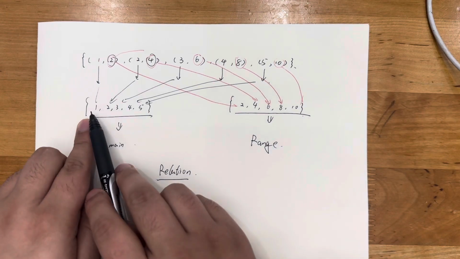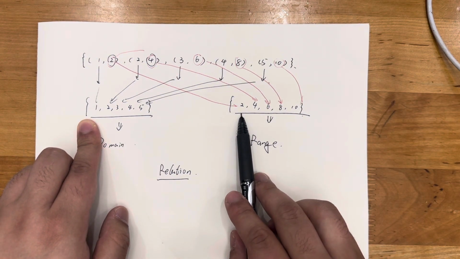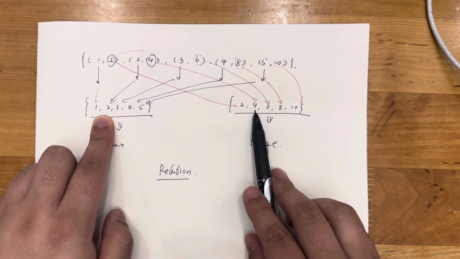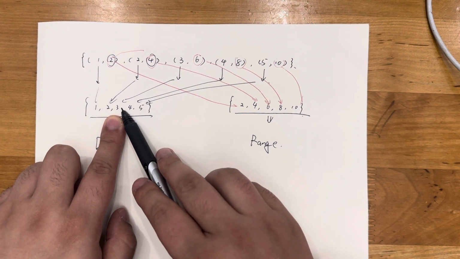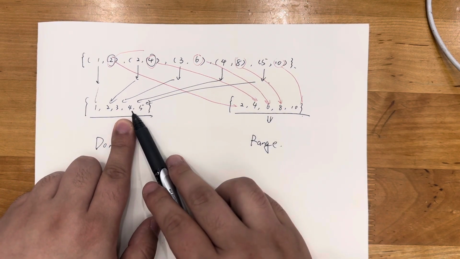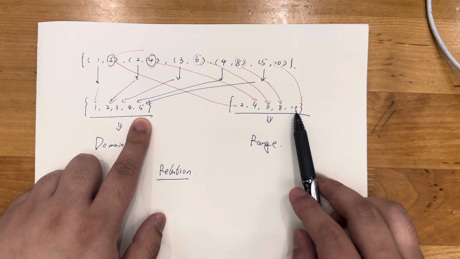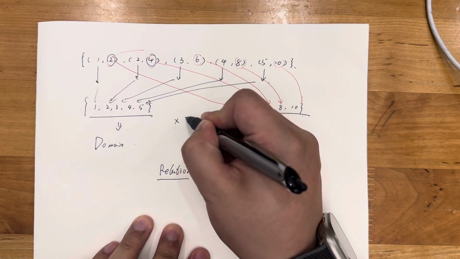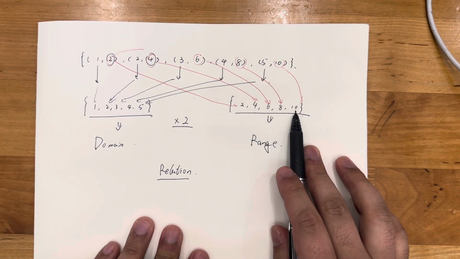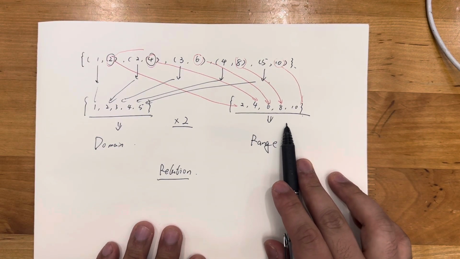Really simple. 1 multiplied by 2 equals 2. 2 multiplied by 2 equals 4. 3 multiplied by 2 equals 6. 4 multiplied by 2 equals 8. And 5 multiplied by 2 equals 10. So basically, there is a multiplication. Multiply by 2, we get the second number. Multiply by 2, we get a certain range.